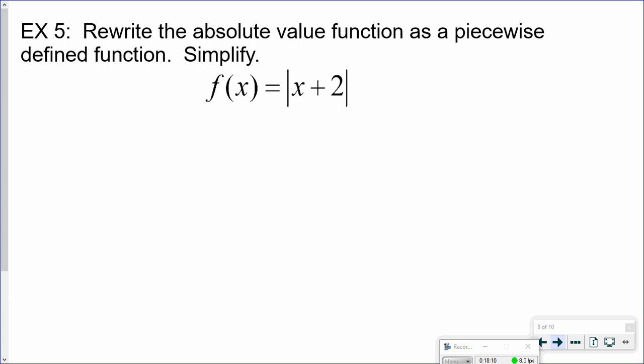Okay. So f of x equals the absolute value of x plus 2. All right, I want to find my critical value, which is my breakpoint. The breakpoint is what you're taking the absolute value of, set equal to 0.